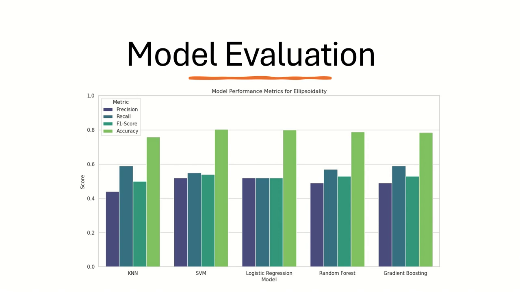The F1 score is quite similar for each of these cases, and the precision of the KNN model is quite low. So we can conclude that the SVM model is a good option among the models that I have listed here.